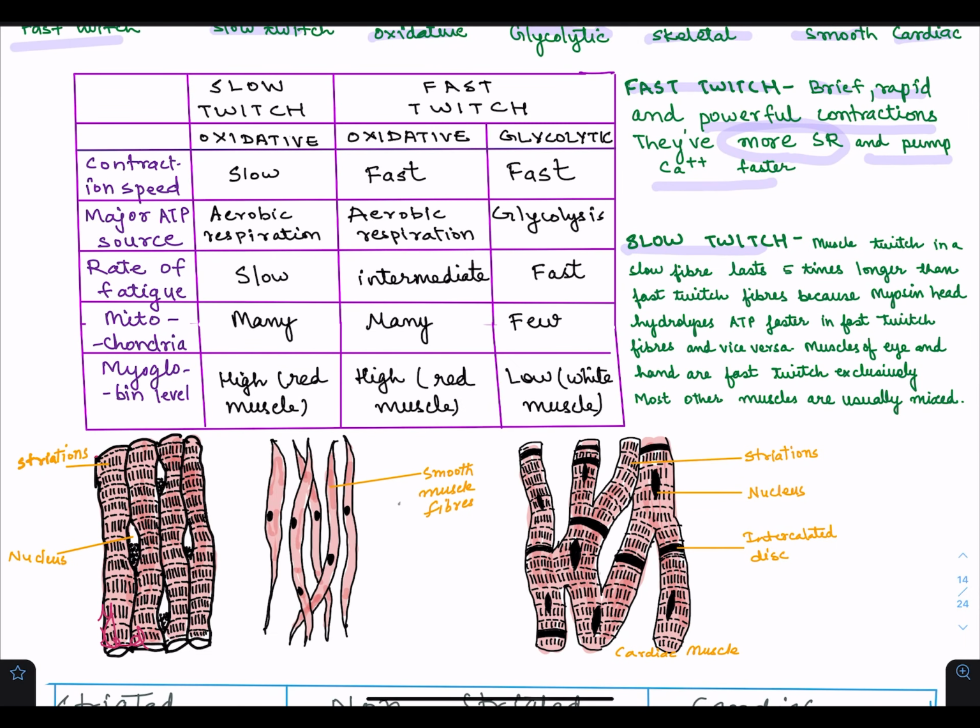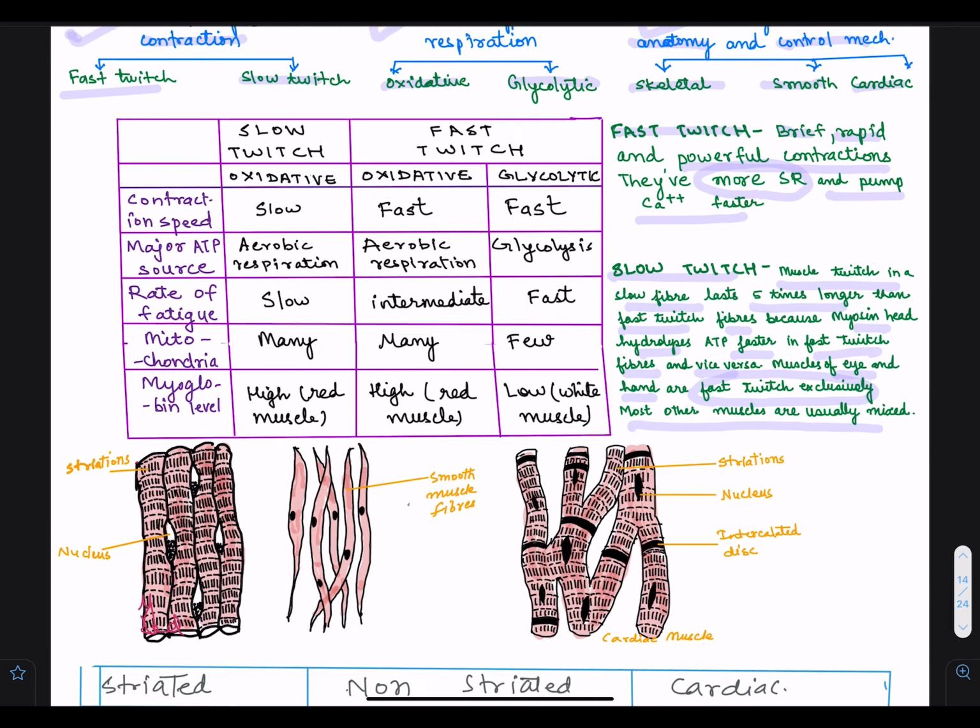Muscle twitch in a slow fiber will last 5 times longer than a fast twitch fiber. Why? Because myosin head hydrolyzes ATP faster in fast twitch fibers and vice versa. Example, muscles of the eye and hand are fast twitch exclusively. Most other muscles are usually mixed.